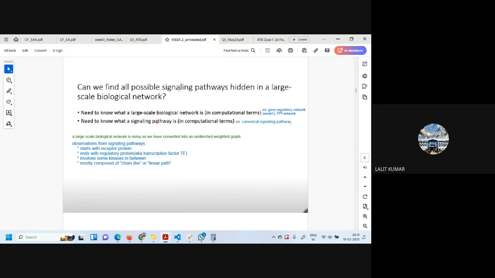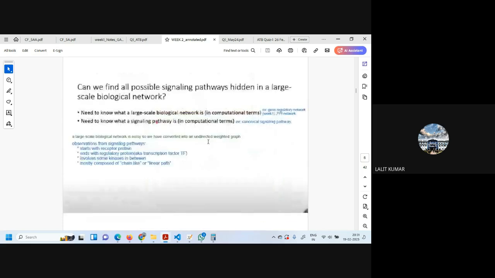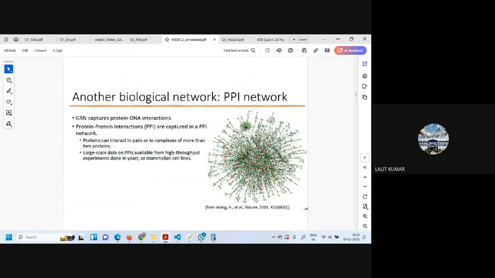Can we find all the possible signaling pathways hidden in a large scale biological network? We need to know what a large scale biological network is in the computational sense, and how to find the pathways. This is one example.